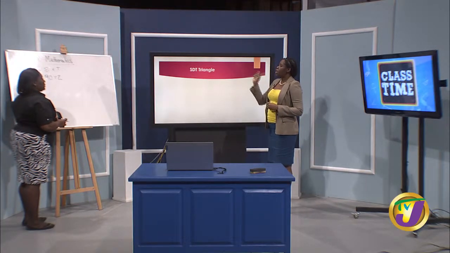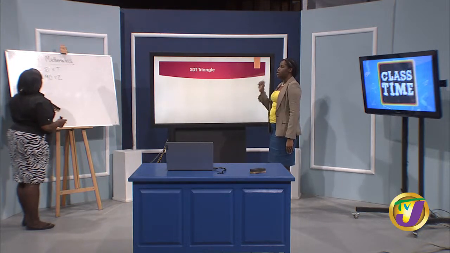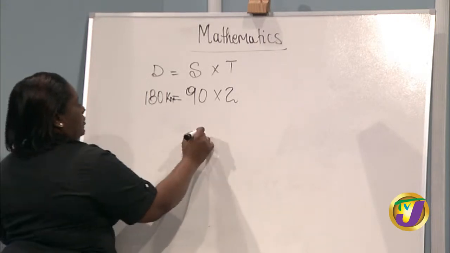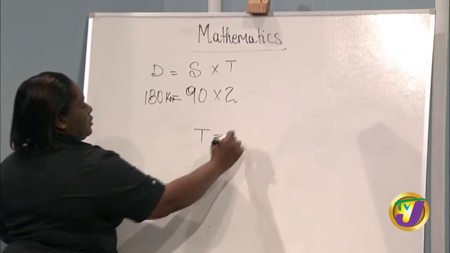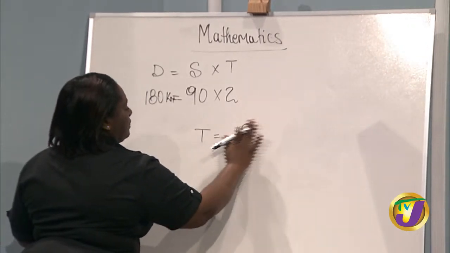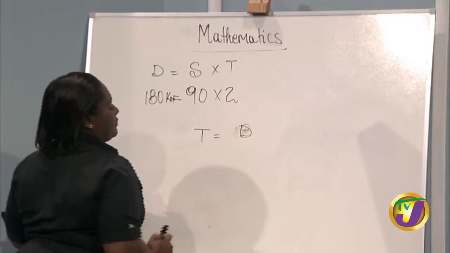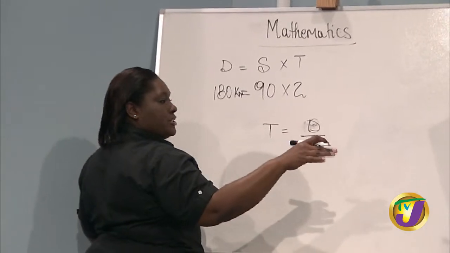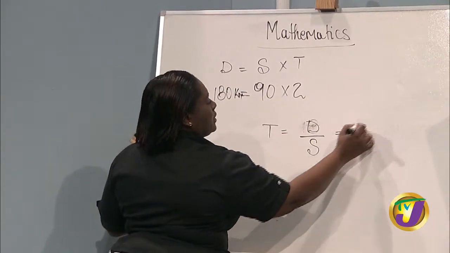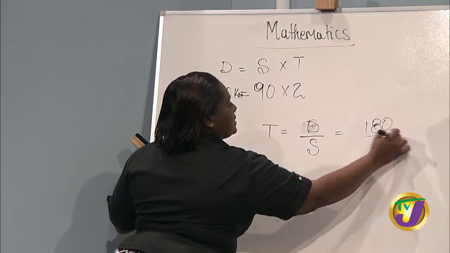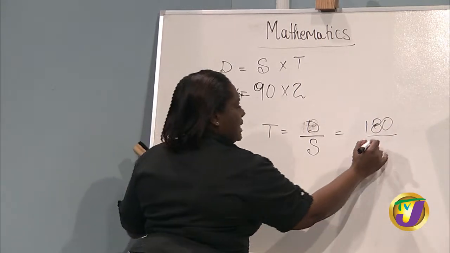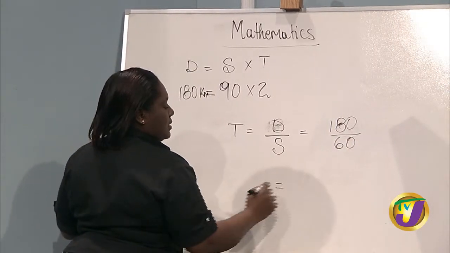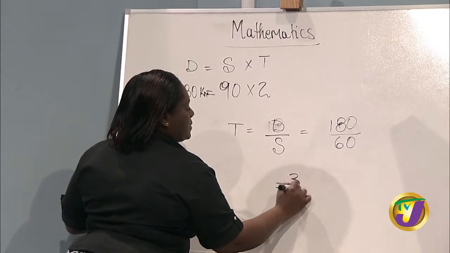So I see you have distance equals speed multiplied by time. What if I wanted to find time instead? We also discussed that to cover the same distance, and let me start out with the representation, D for distance, with a given speed, referring to the trip from Montego Bay to Buff Bay, the same 180 kilometers, going at a speed of, say, 60 kilometers per hour, this would have given us 3 hours.